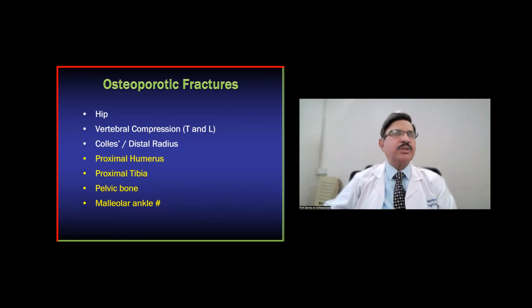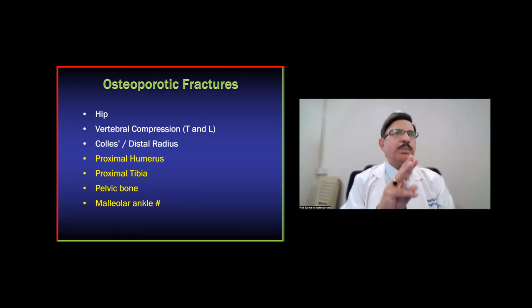Osteoporotic fractures: which is the most common site of osteoporotic fracture? Hip joint, vertebral compression fracture of thoracic and lumbar vertebrae, and Colles fracture of the distal radius are the three important ones. That is why when you do bone mineral density, you ask them to scan the hip, scan the vertebrae, scan the wrist.